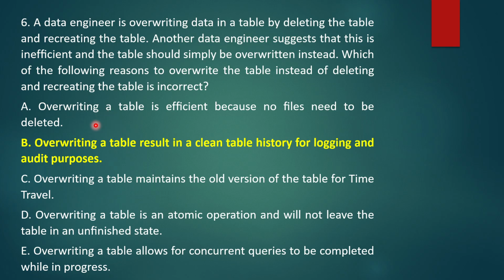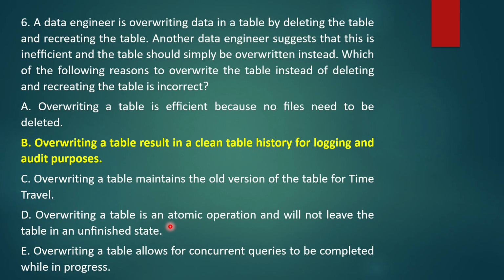Option A: overwriting a table is efficient because no files need to be deleted. Option B: overwriting a table results in a clean table history for logging and audit purposes. Option C: overwriting a table maintains the old version of the table for time travel. Option D: overwriting a table is an atomic operation and will not leave the table in an unfinished state. Option E: overwriting a table allows for concurrent queries to be completed while in progress.